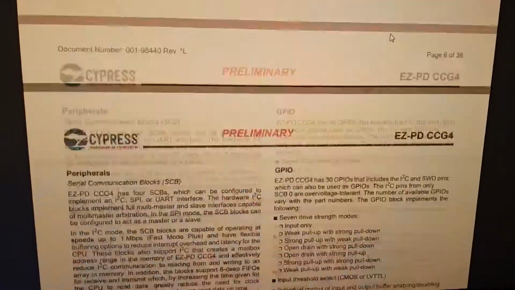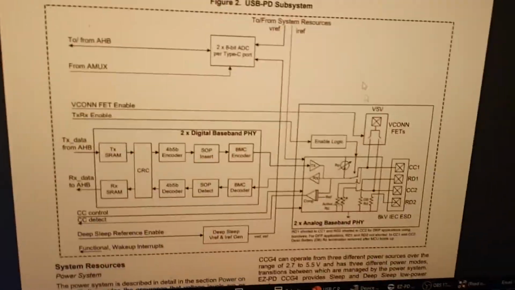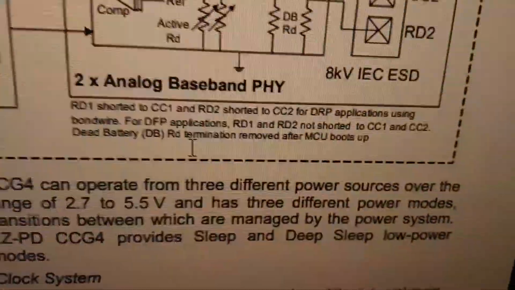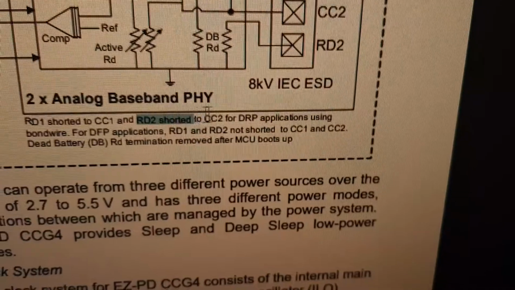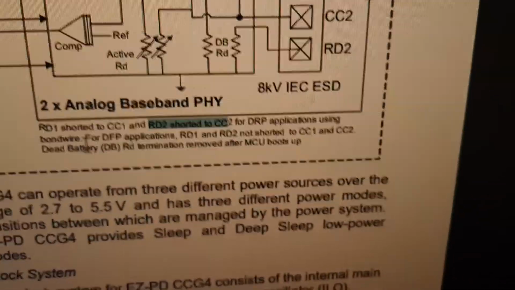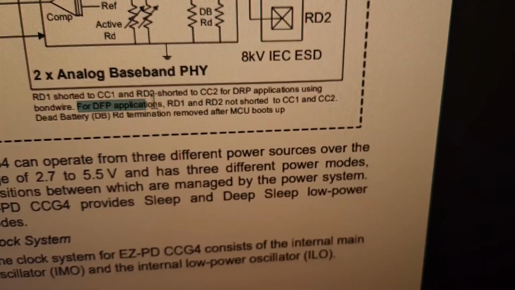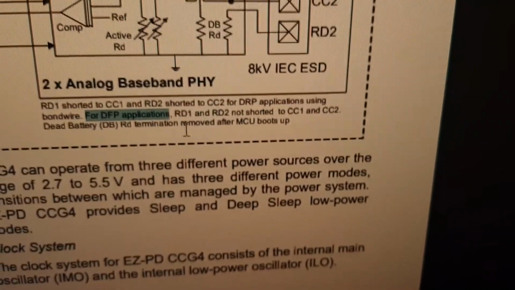So let's find the diagram. So this diagram here, it will say that RD1 is short to CC1 and RD2 is short to CC2. And they're done through bond wires for Dual Role applications, which is what we've got.